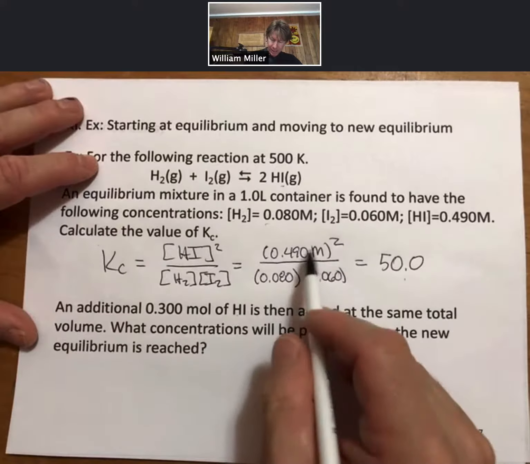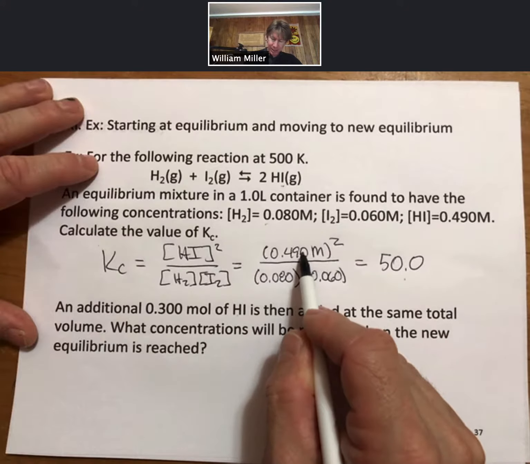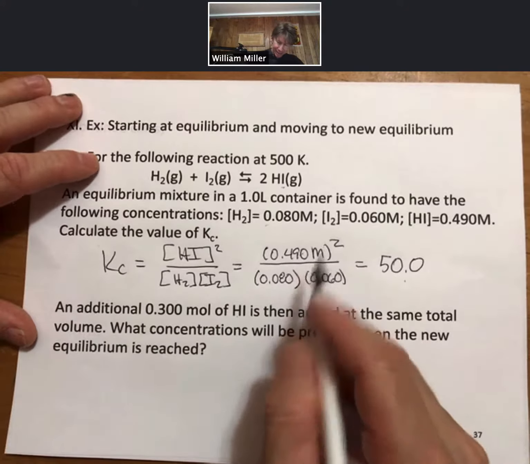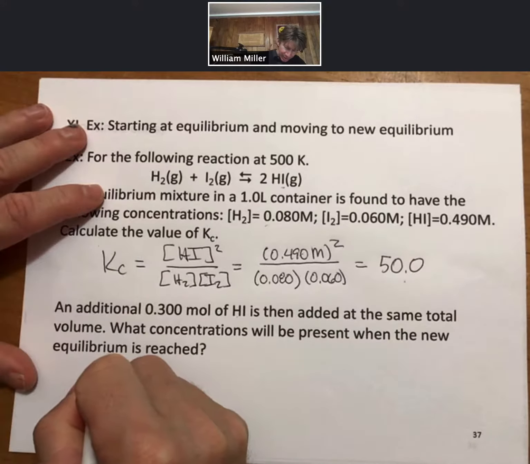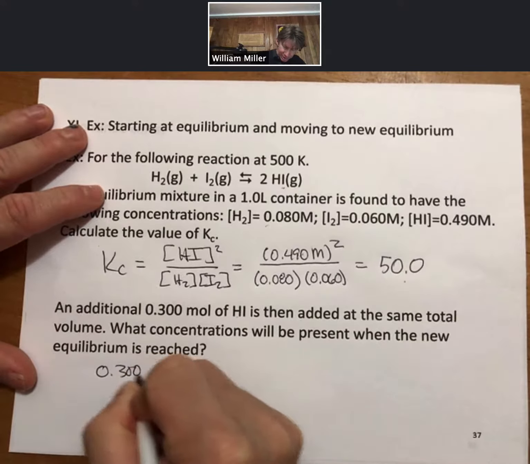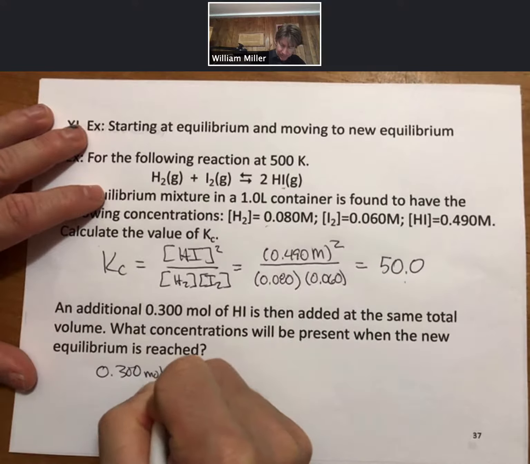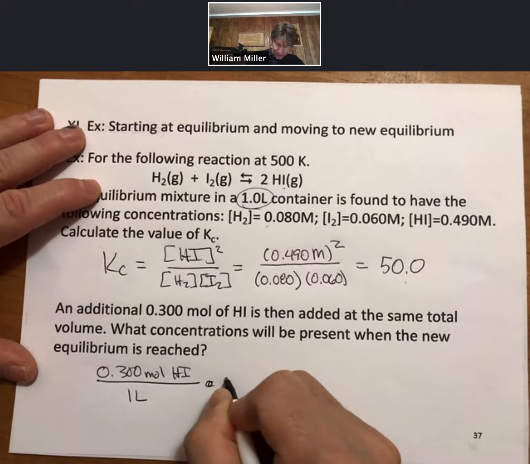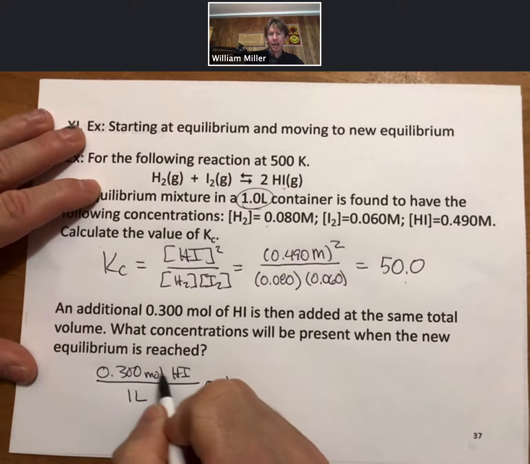Well, that's going to change the concentration of our HI. We know that we are adding 0.300 moles of HI. We know that we've got a 1 liter container. And so this is our new amount that we're adding.